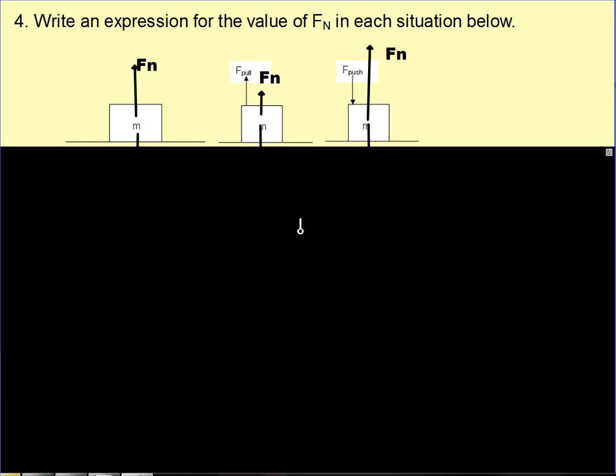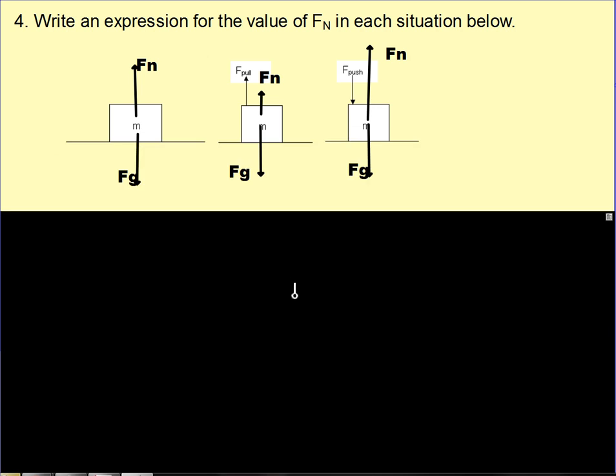All right, now, let's see if we can write an expression for the value of Fn for each of these cases. If this is just a box and it's sitting still, what does the normal force look like?